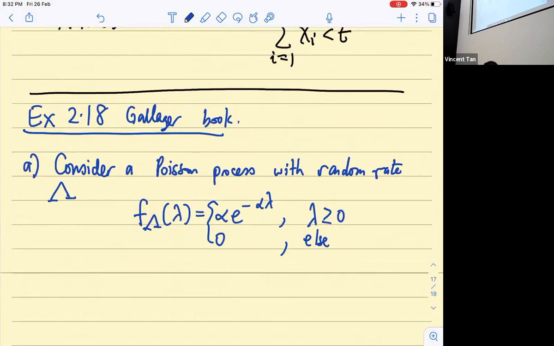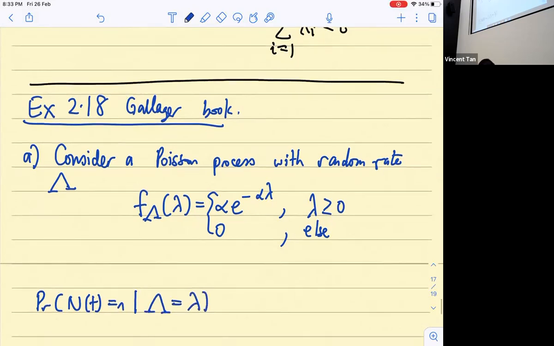So the first question is, what is the probability of N(t) equals n conditioned on Lambda equal to lambda? Once I know that this Poisson process, call it N(t), has rate little lambda, then it's nothing but Poisson. So everyone should get these marks.